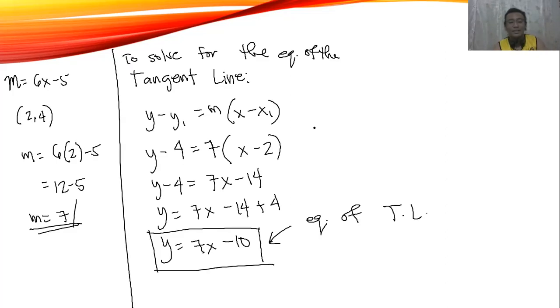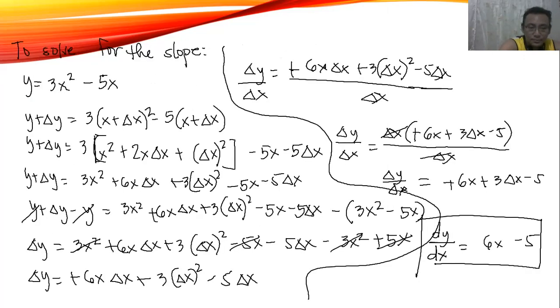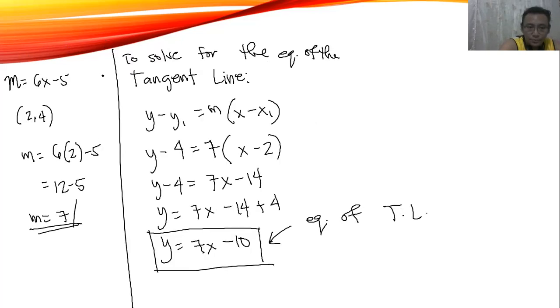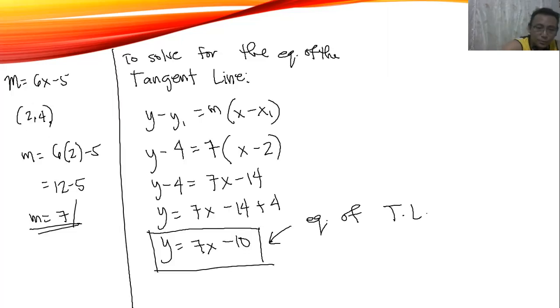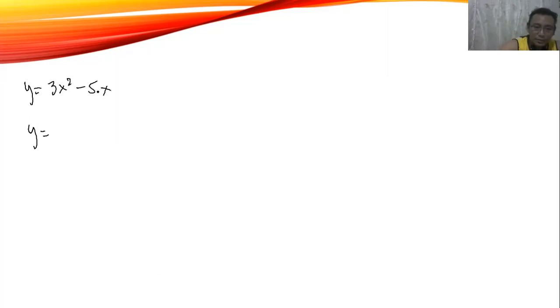After the equation of the tangent line, we have our curve, y is equal to 3x squared minus 5x, and the tangent line is y is equal to 7x minus 10.